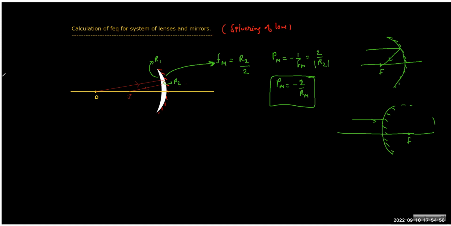As a result, when the same light ray will go through the same lens twice, it will exhibit the converging behavior 2 times, and therefore the total power, or you can say total deviation suffered by the light ray will be twice the value of power. Okay, understood? So you can say that the lens will offer twice the power, and how many times the mirror will offer the power?